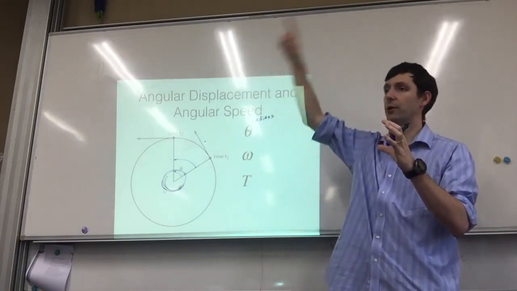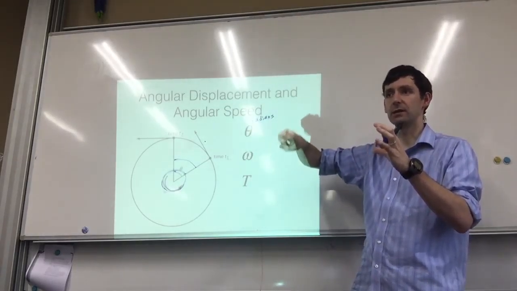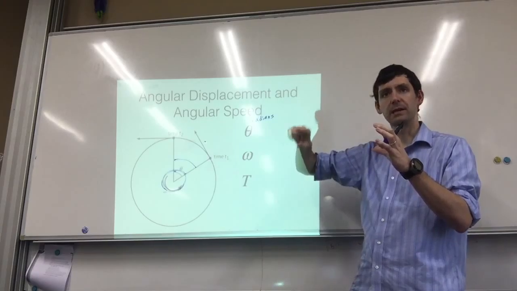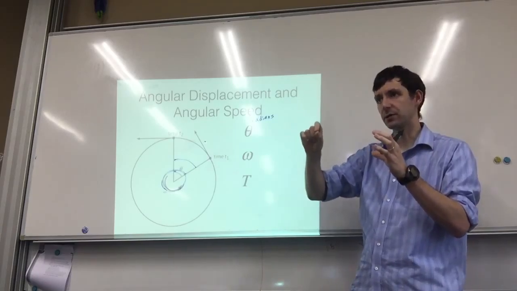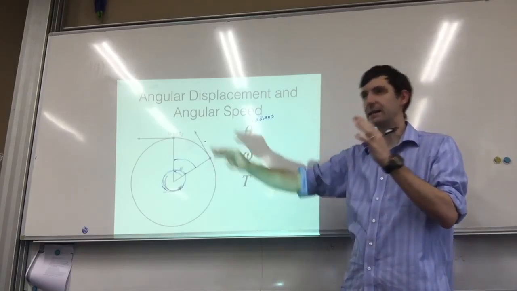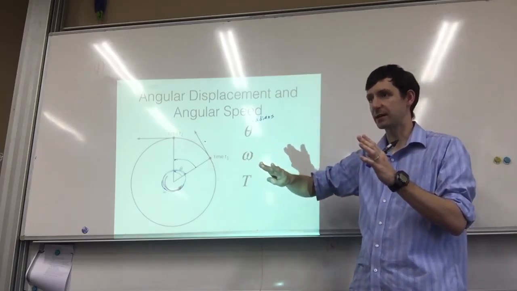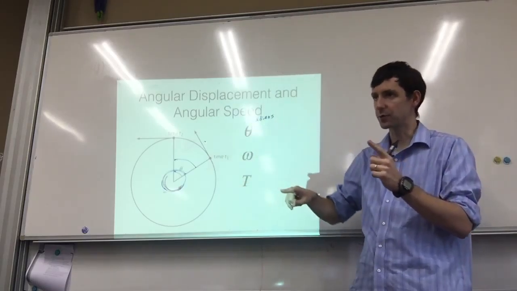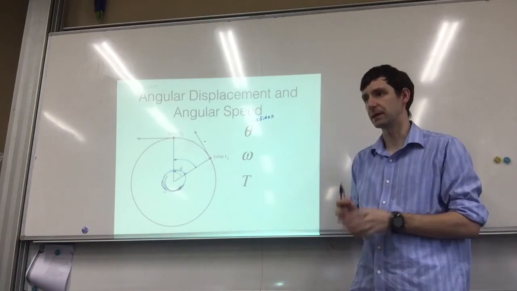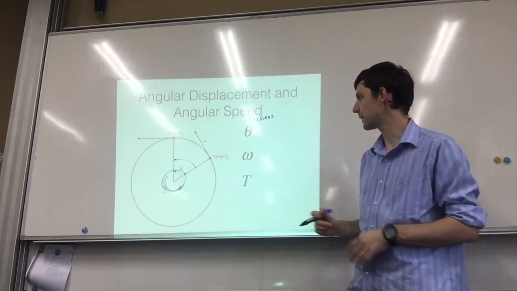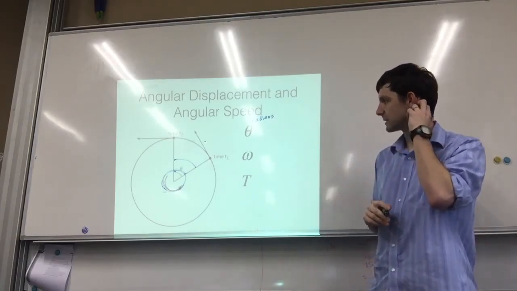And if I run all the way around the track, my displacement was 0, because I started and ended at the same point on the track. Now, the idea is something occurred during that. I went through the motions of going through the track, but the displacement ended up being 0, or relatively the same thing. So we've got our radians there.